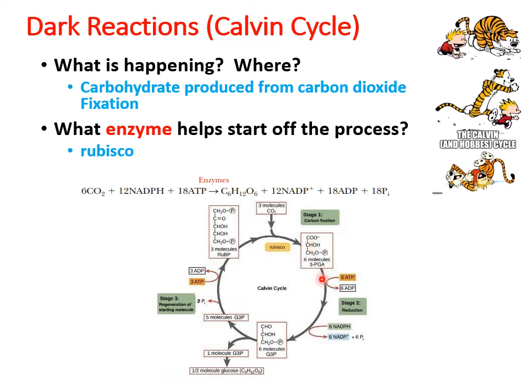Then you end up having the cycling going on, and ultimately you end up here at RuBP. And RuBP, or ribulose bisphosphate, is the primary acceptor of CO2 in the Calvin cycle.